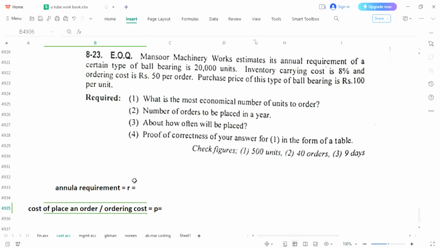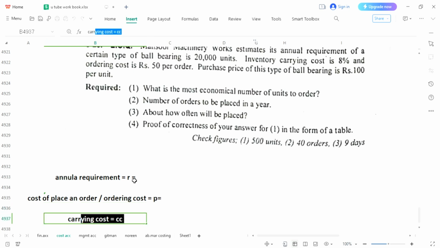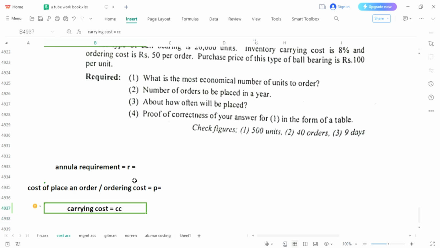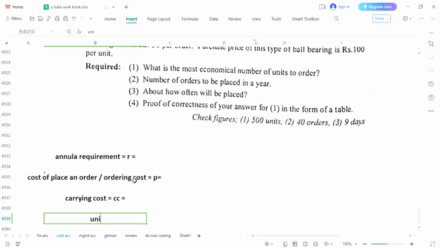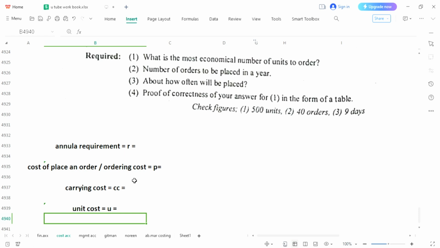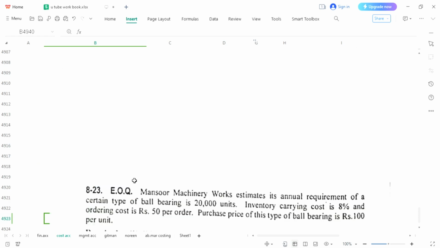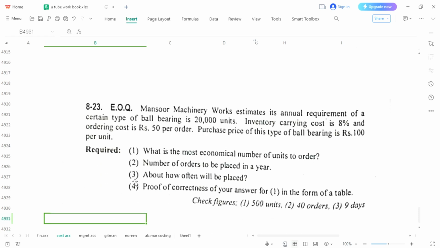Then we have carrying cost, which would be denoted by double C, carrying costs. And then we should have unit cost as well. It may be considered as U. So these are four factors which are directly or indirectly related to our formula. We will start reading and we'll see where these amounts are present.